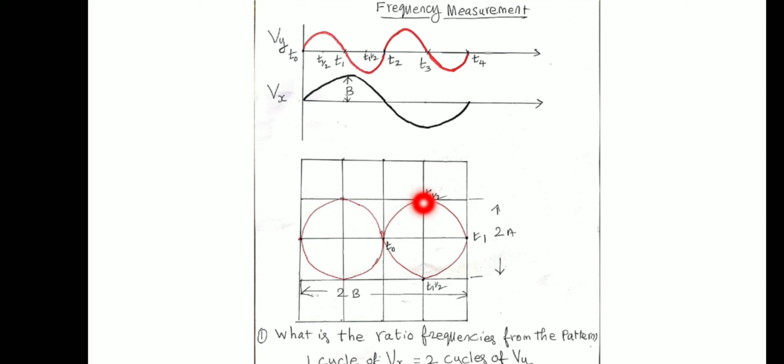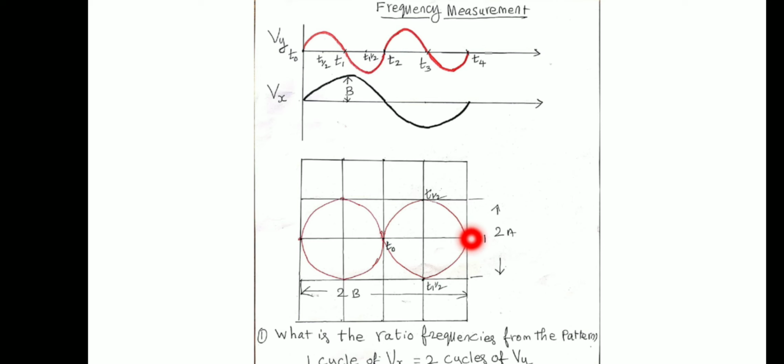Okay, at time t1, Vy is 0, Vx is maximum. So Vx maximum, so it comes to the right extreme point, but Vy is 0. So it is along the x-axis line because Vy is 0. So the luminous spot is on the x-axis, but Vx is maximum. That is why it is at the right extreme point.